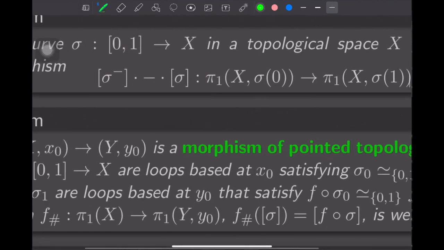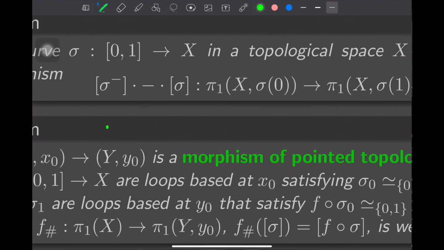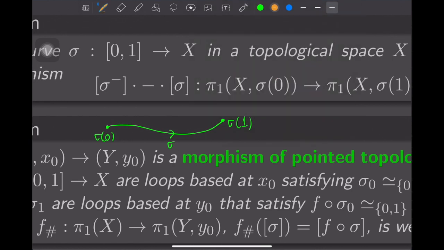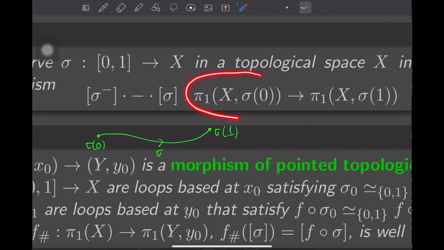So schematically, what I have is here sigma, and here is sigma of 0, sigma of 1, and I want to go from this fundamental group based here to the fundamental group based here, and so I want to be able to obtain from some loop based at sigma naught some loop based at sigma 1.